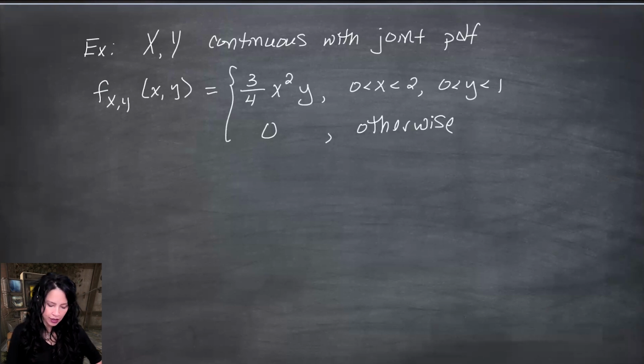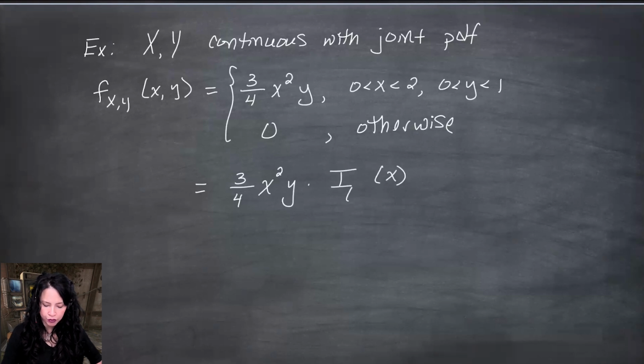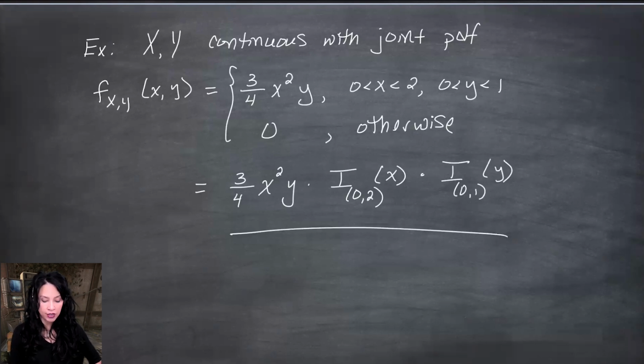So how could we do that? We could write the 3/4 x squared y times the indicator that says that x has to be in the interval from 0 to 2 times the indicator that says that y has to be in the interval from 0 to 1, because we want this function to zero out whenever this does not hold.